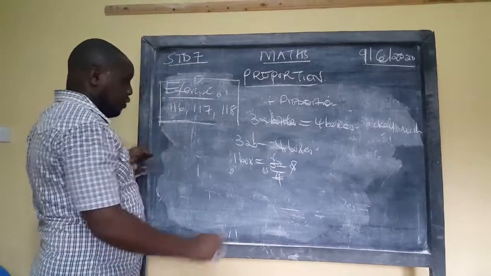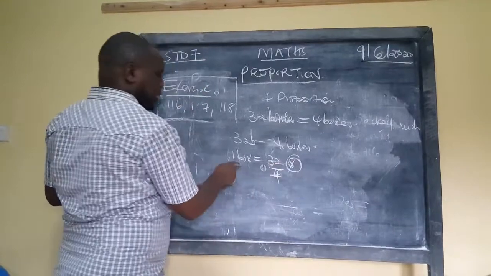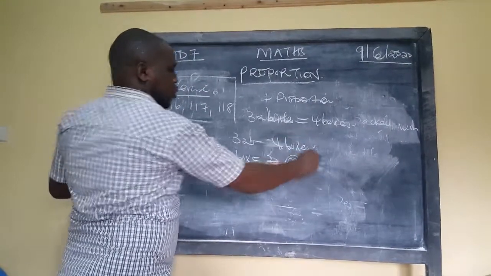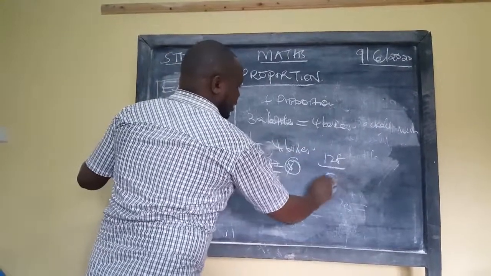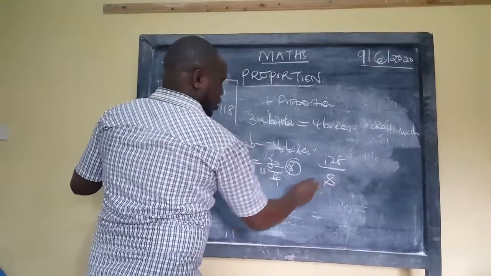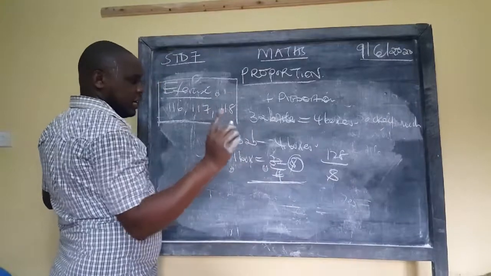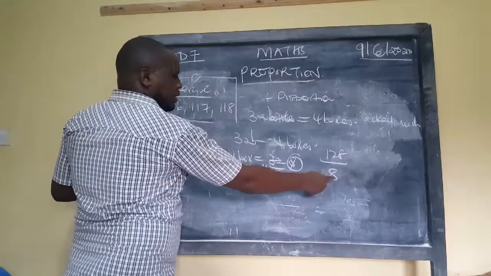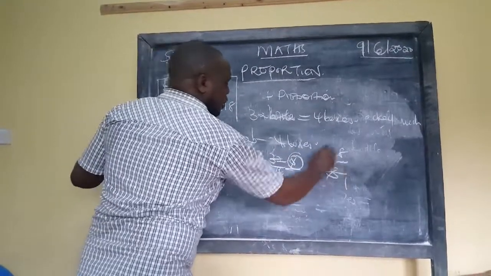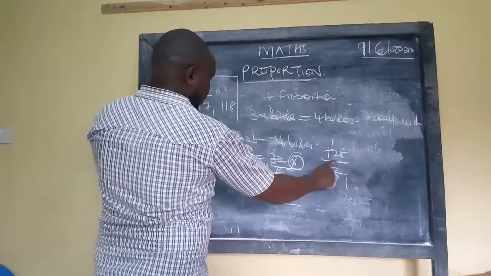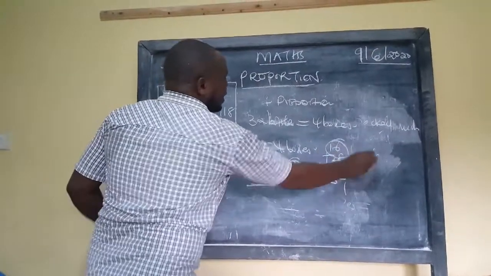So therefore, if one box we can pack this, then 128 divided by 8 will give us 16. You still get the same 16.